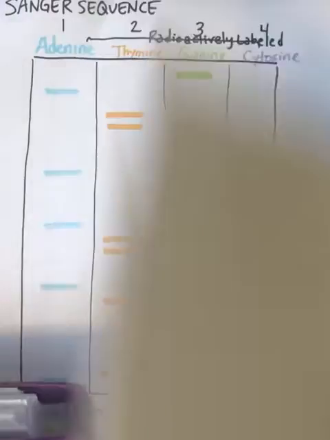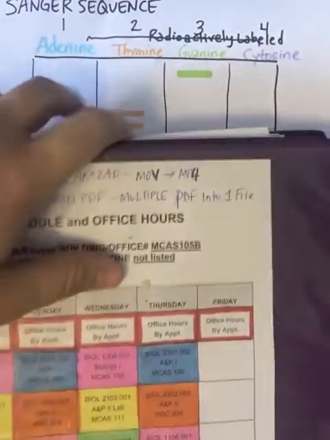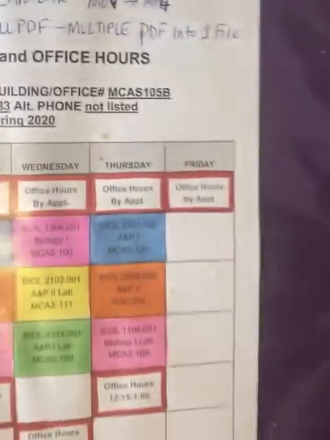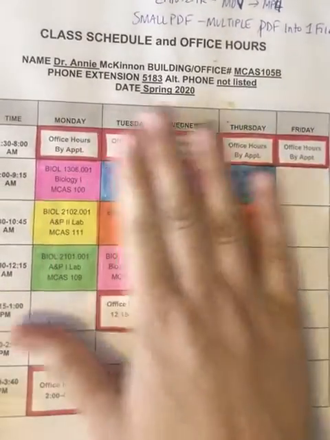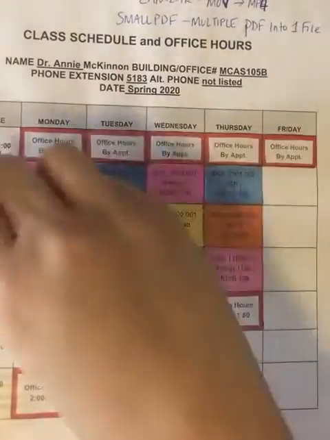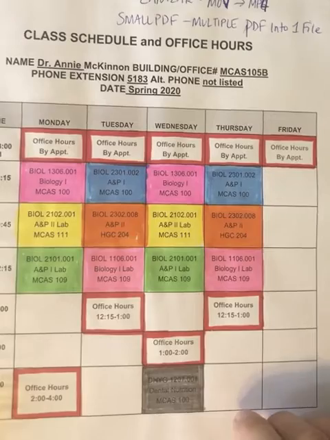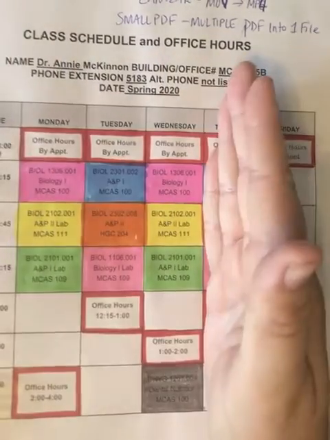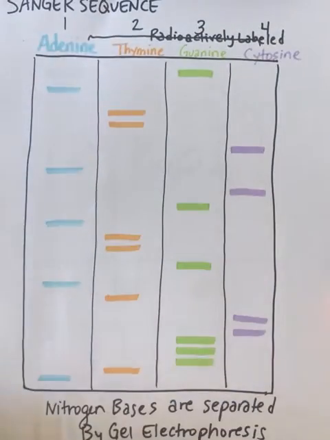So you place your X-ray film in your box, and basically you're going to expose it to these radioactive elements. So you have your X-ray film inside of your X-ray box. You expose the radioactive elements or nitrogen bases to your X-ray film, and you're going to process your X-ray film.